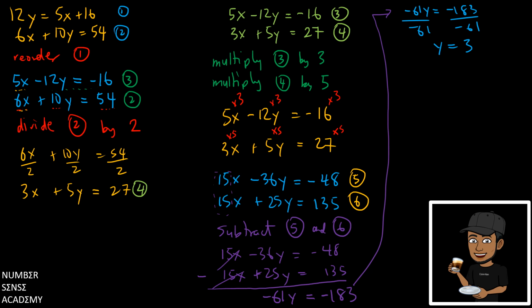So where am I going to do this? I'm going to sub it into equation 2. So sub y equals 3 in equation 2. So I have 6x plus 10 times 2 equals 54. 6x plus 20 equals 54.